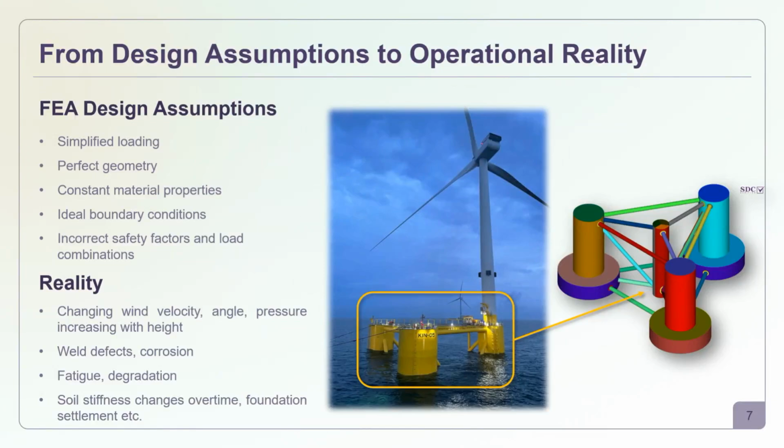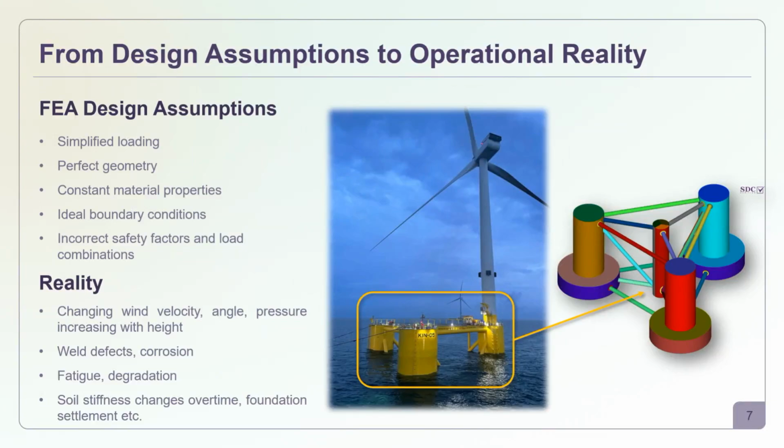So, for example, wind velocity is constantly changing due to the weather. Also, it can act at different angles. It increases with height, which is often not included and not taken into account by engineers.